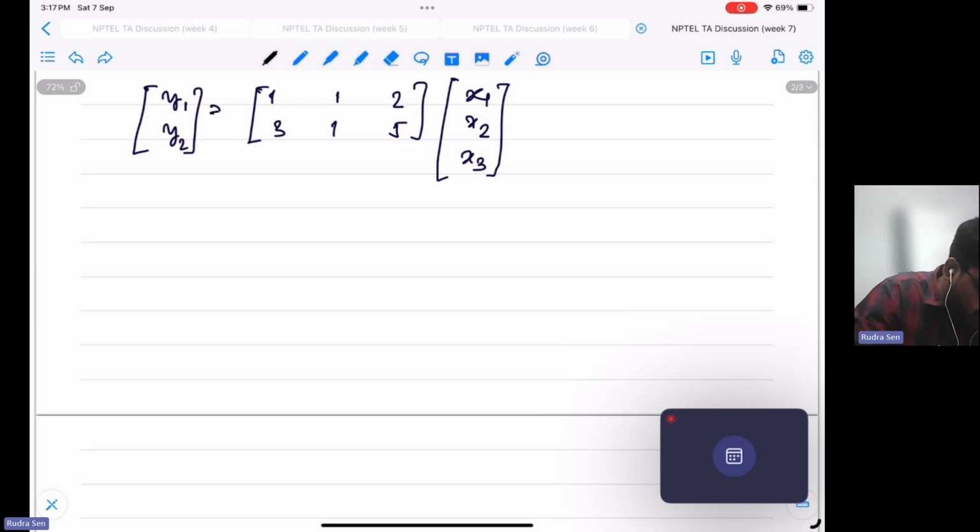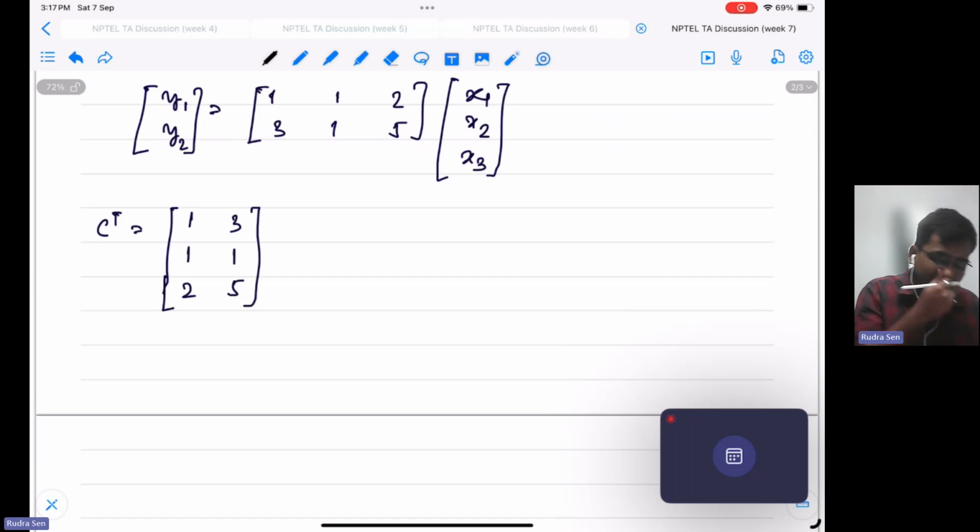So we have to find out the observability matrix. For that we need first C transpose. So what is the C transpose? It's 1 1 2, then 3 1 5. This is C transpose. Okay. Now you have to find out the A transpose C transpose.